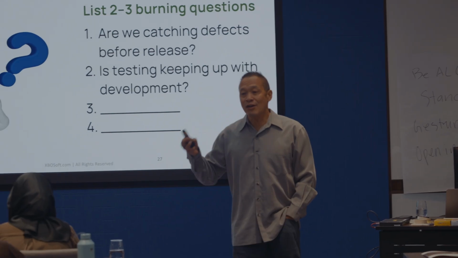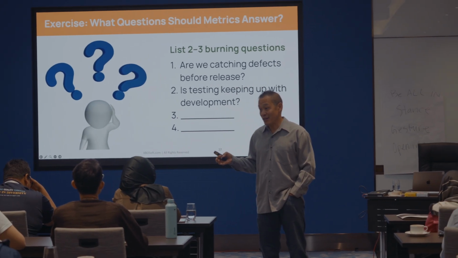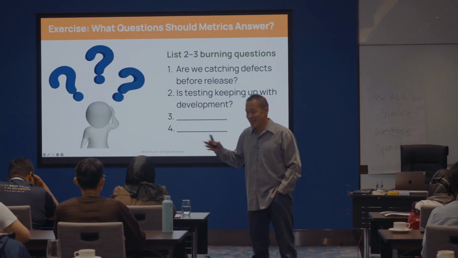If you want to, you can start backwards. You can think of some metrics for sure that you know that your company is collecting, and you can think of what question does that answer.